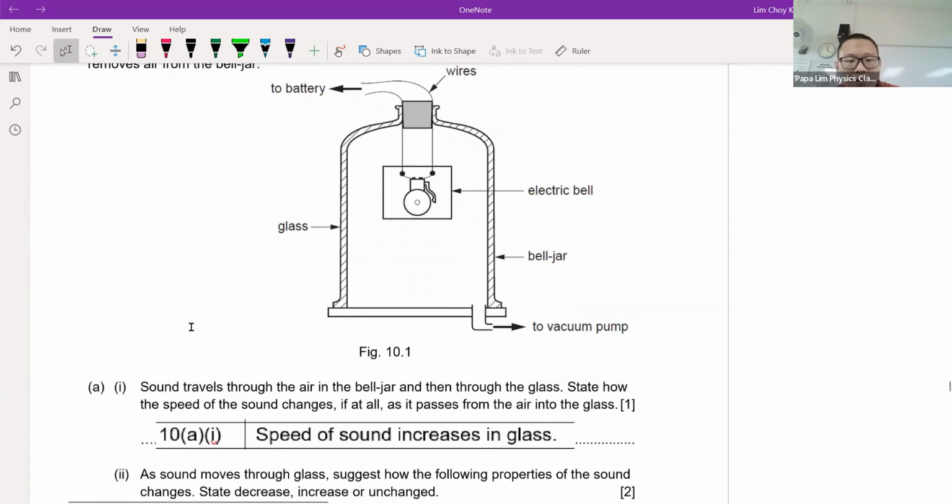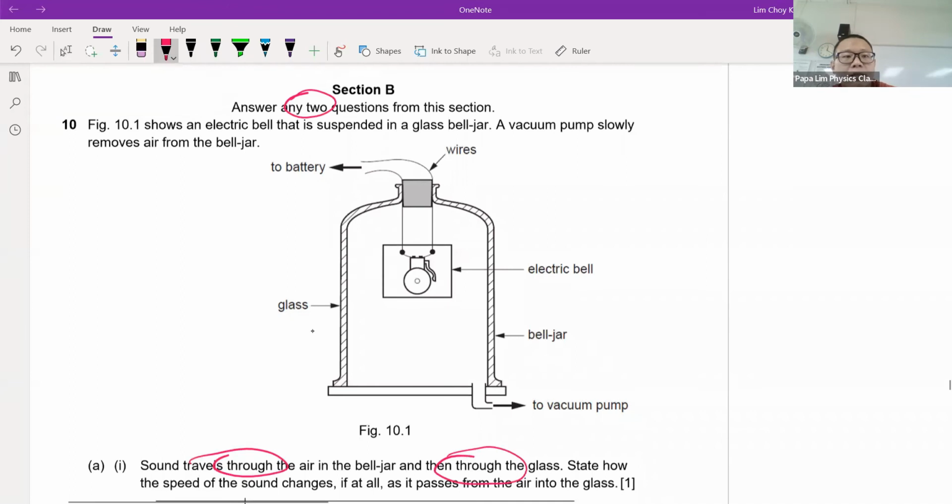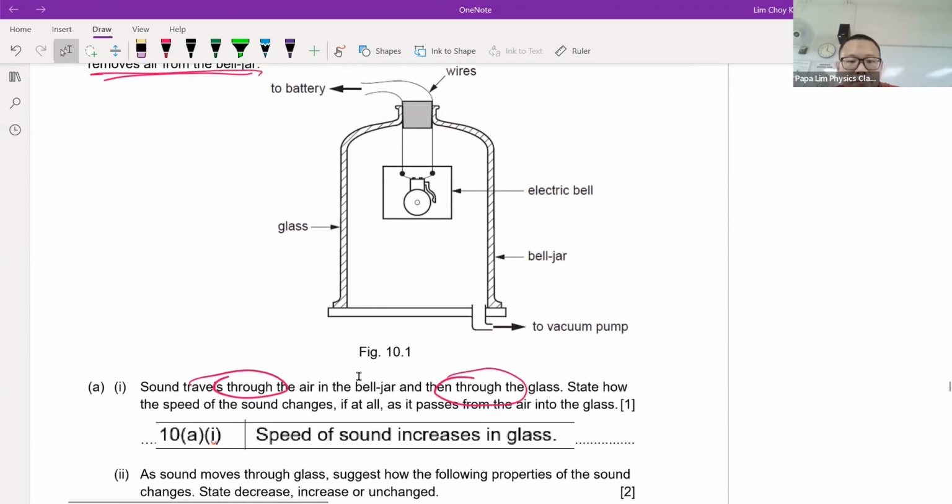The speed of sound slowly increases as sound travels through the air and through the glass into the jug. But take note, in this case the vacuum pump removes the air from the bell jar. How does the speed of sound change when it passes from air to glass?